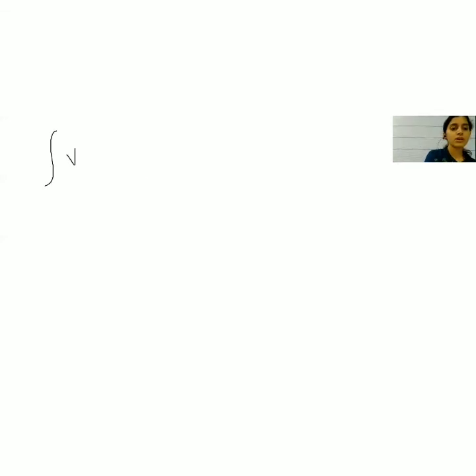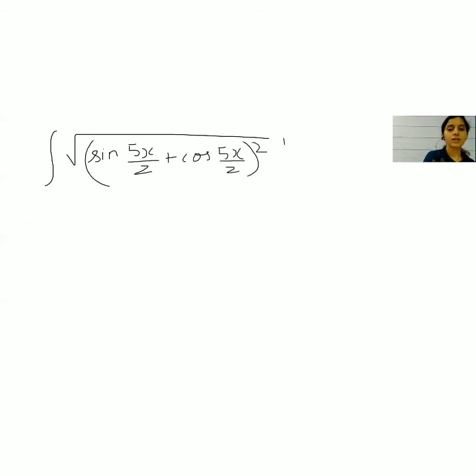So it will be under root of (sine 5x by 2 plus cos 5x by 2) the whole square. This is a plus b whole square identity. So the root sign shifts up. You get sine 5x by 2 plus cos 5x by 2.